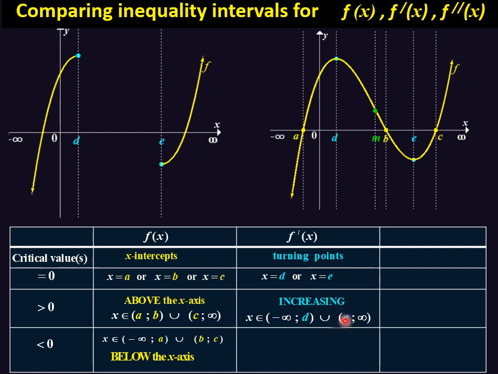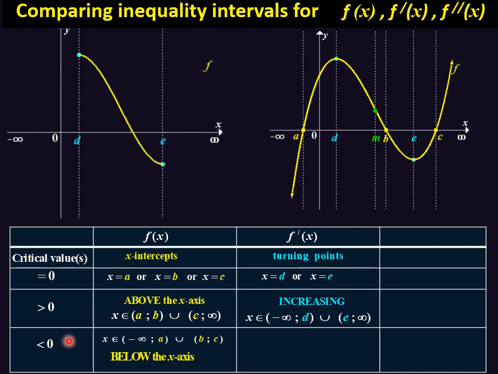You can even write the word or, it will be acceptable. Then where's the first derivative less than 0? If greater was increasing, what would less be? Can you picture the decreasing? That's right. There's the decreasing, and it decreases between the two critical values, from the maximum to the minimum. So decreasing is between D and E.